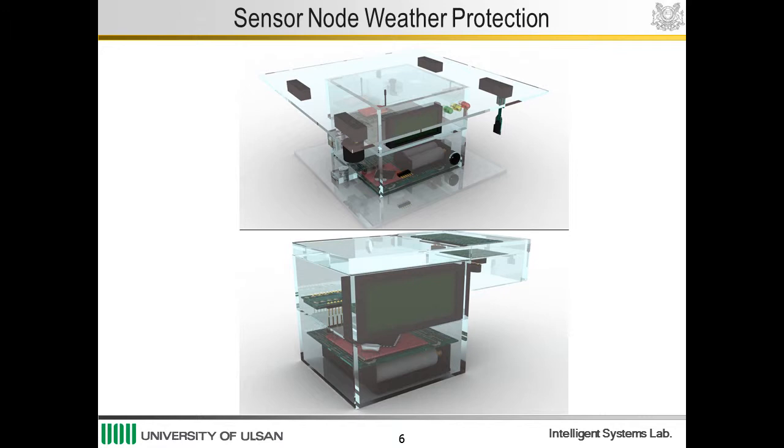To protect our sensor nodes from rain and snow, we developed two types of covers, cases. The first case protects the sensor node from light rain, but it allows us to mount sensors of different sizes.